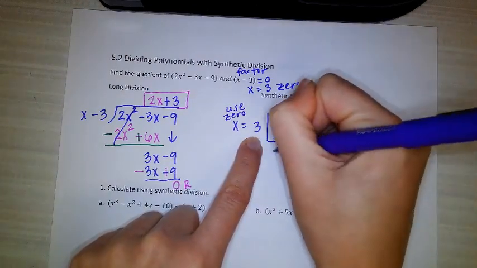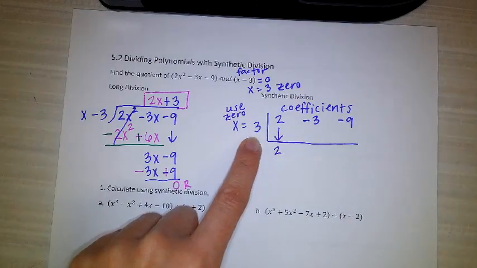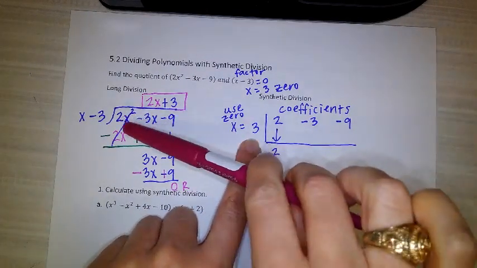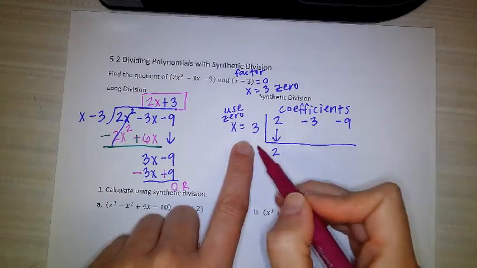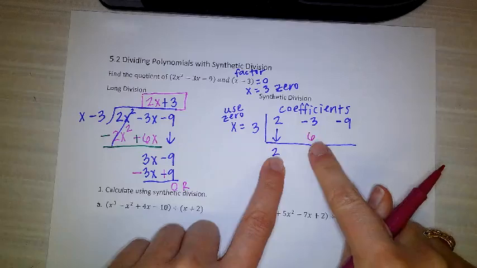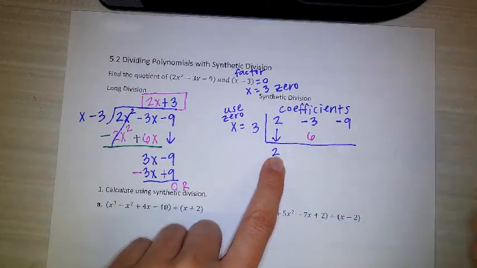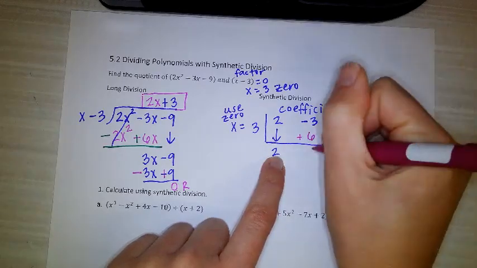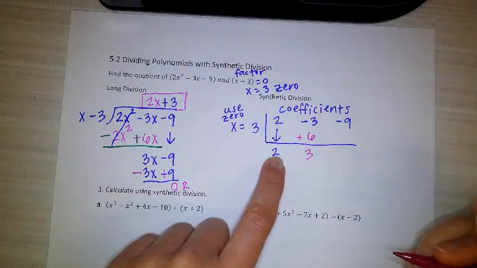We bring the first coefficient straight down, and now we actually do similar math to long division. We multiply, 3 times 2 is 6. I put that underneath my next coefficient, and I get to add straight down. Negative 3 plus 6 is 3.